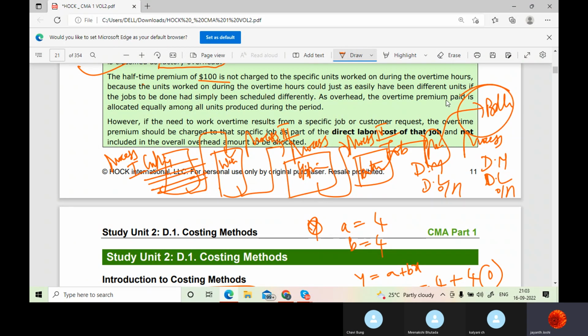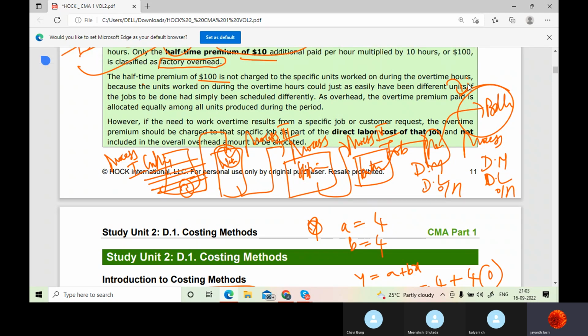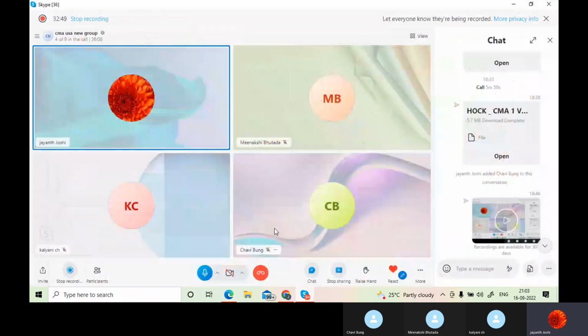So all these are processes, and the output of process one becomes the input of process two. Like that, all the outputs become inputs, and with the final one we get, we understand what is the cost of this process. Okay, all of you are following?